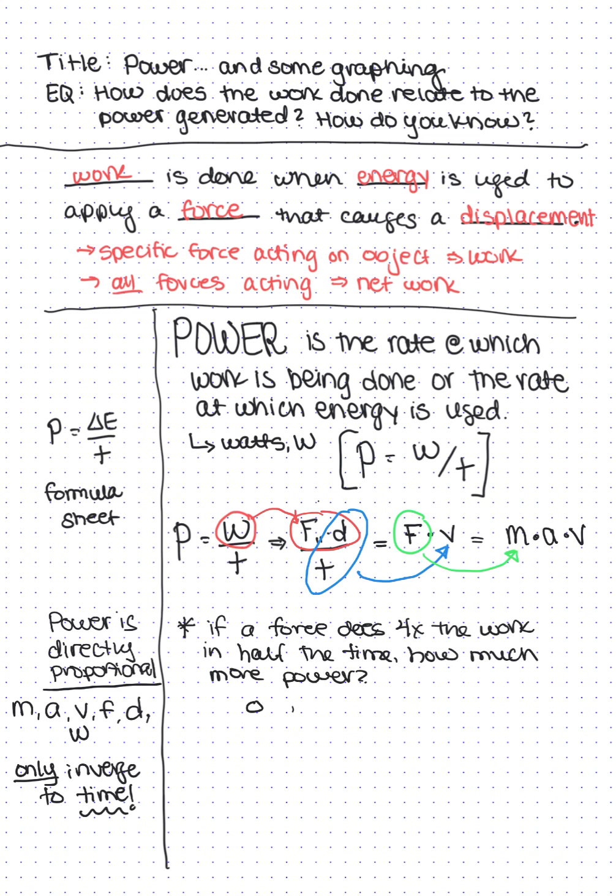Good, I heard 8 times more, right? So 4 times more work gets me 4 times the power, but doing it in half the time doubles that power, and 4 times 2 gives us 8.